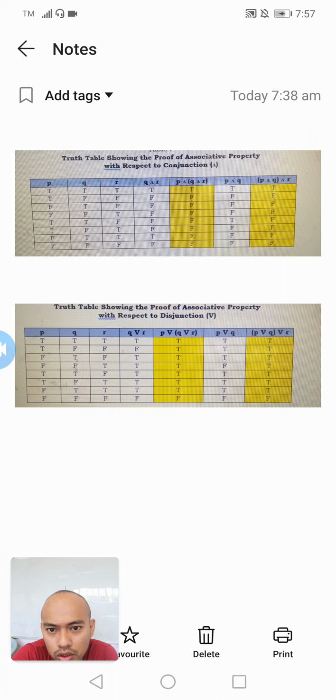So we have P or the quantity Q or R. We have already identified the truth values of your Q or R, which is given by the fourth column of the table below, which are T, T, T, F, T, T, T, F. Connect this to your P. Your P statement is T, while your Q or R compound statement is T. Referring to the rule under the disjunction connective, at least one is true, so we can say it is a true statement.